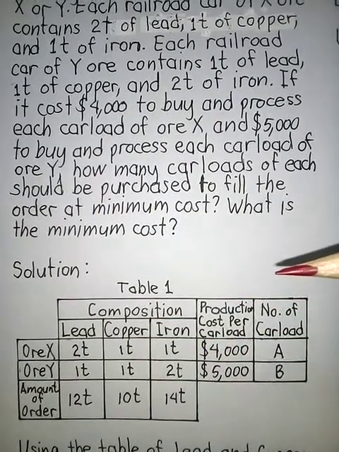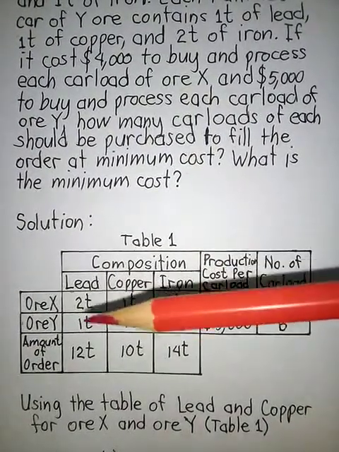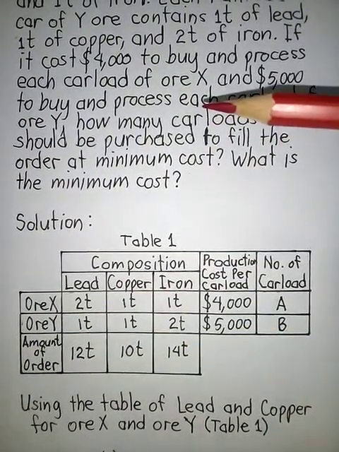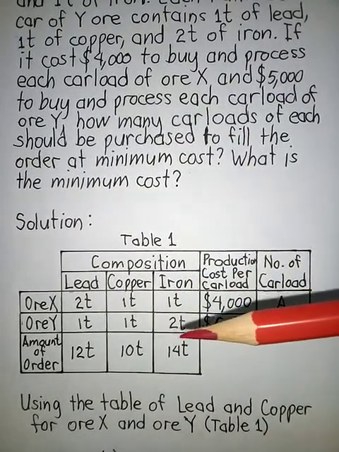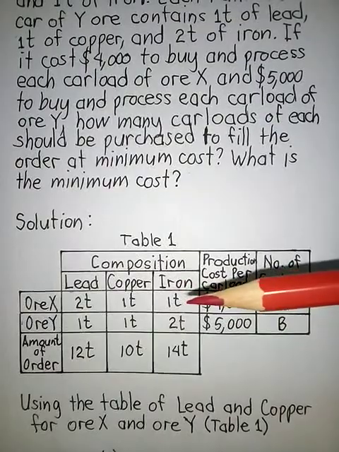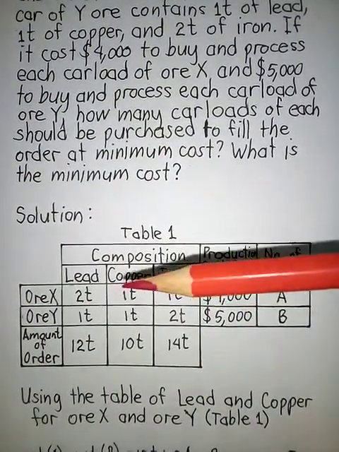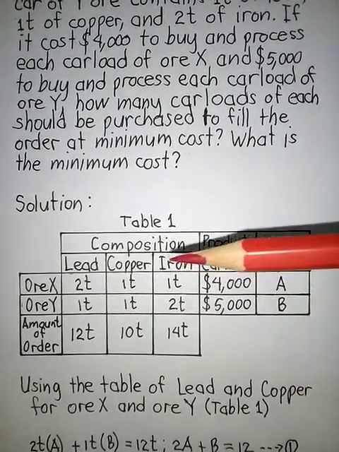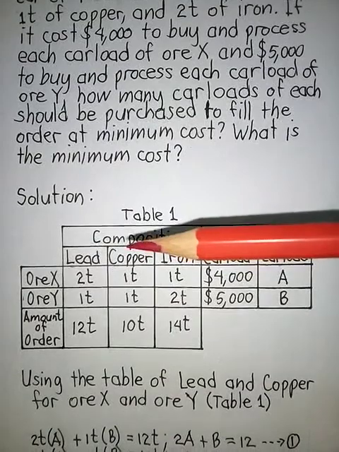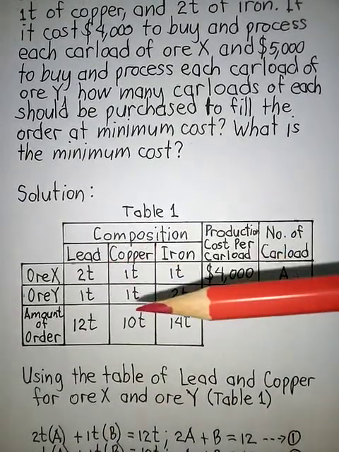Okay, we have already tabulated the given values here. Using the tabulated solution, now using the table of lead and copper for ore X and Y, this is table 1. First, let us use the values for lead and copper.